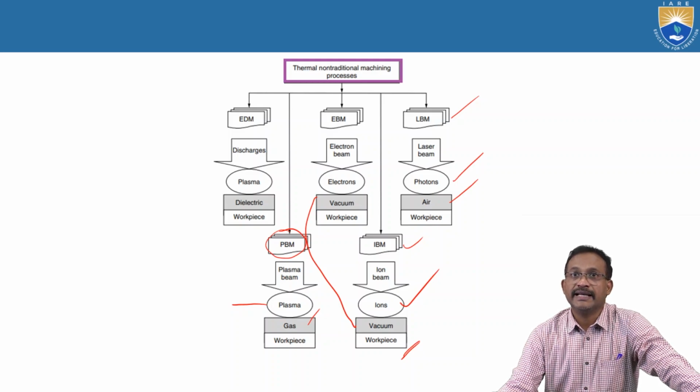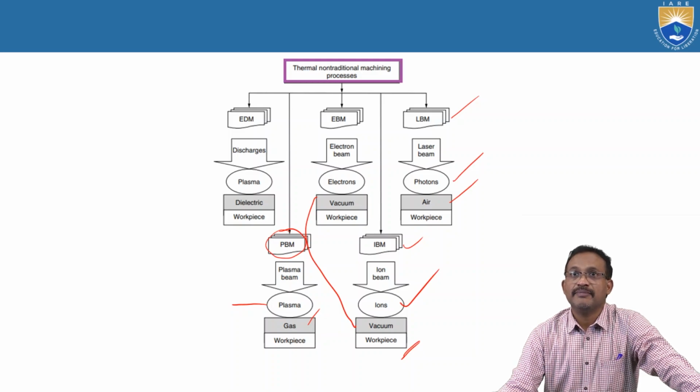In EDM, the material removal takes place because of the discharge of electrons and the plasma, and the medium is dielectric fluid.